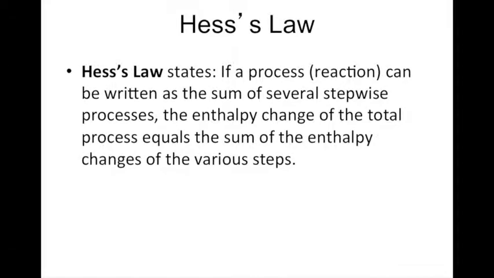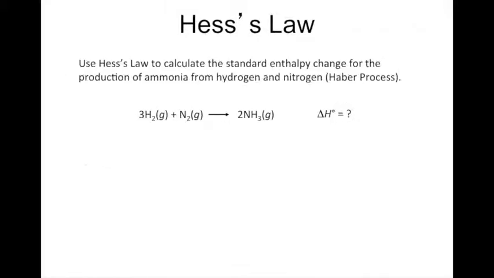So Hess's law states that if a process, such as a chemical reaction, can be written as the sum of several stepwise processes, the enthalpy change for the total process, the overall reaction, is equal to the sum of the enthalpy changes of the various individual steps. Now that's a bit of a mouthful there. Let's go over an example to help us illustrate that and clarify what we mean by that.